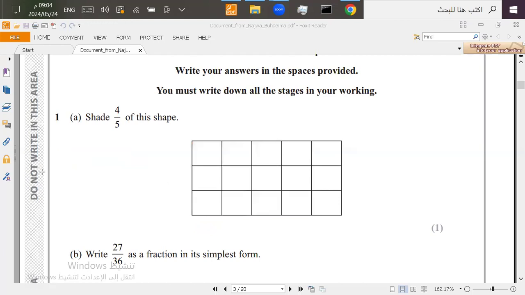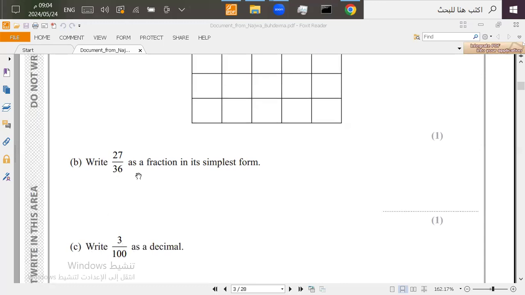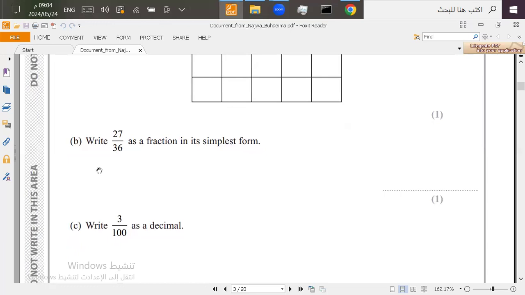Question B, write 27 over 36 as a fraction in its simplest form. When you divide 27 over 36 in the calculator, it will give you the simplest form. Now, let's do it manually by dividing.